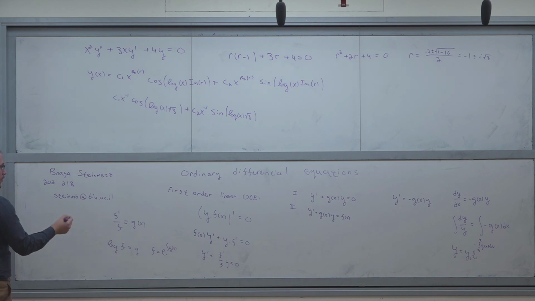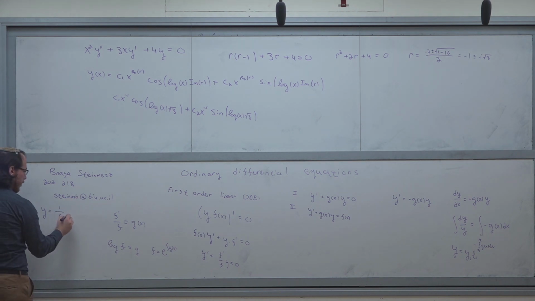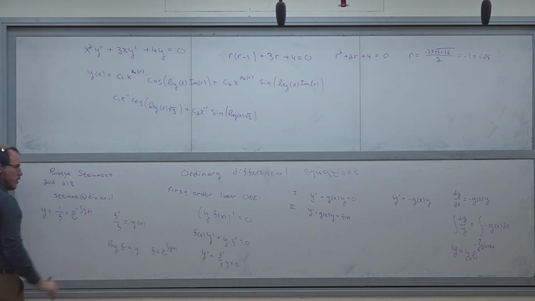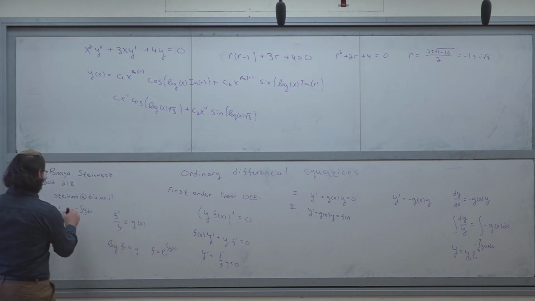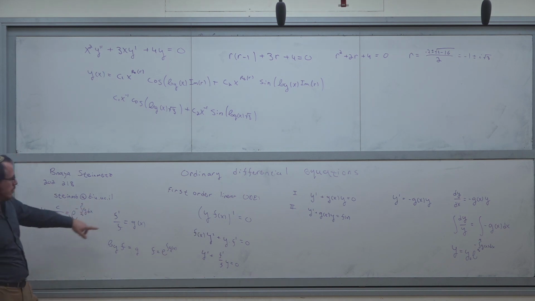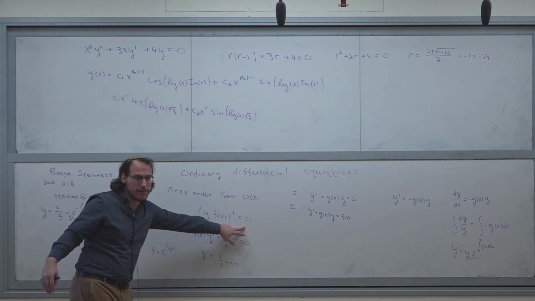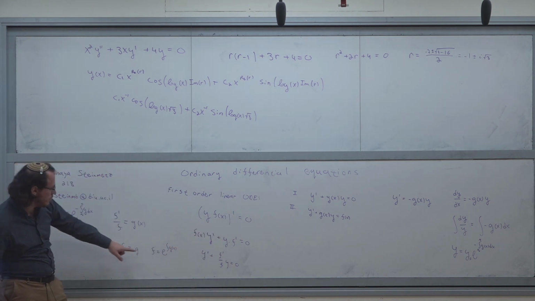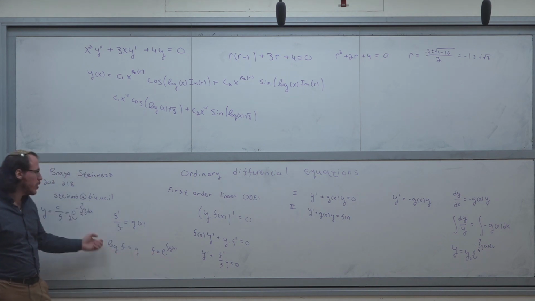Then I would get y equal to... Okay, this is the minus sign, because after I integrate, I would get some integration constant, then I would have to divide by f, and f was just this exponent of g.